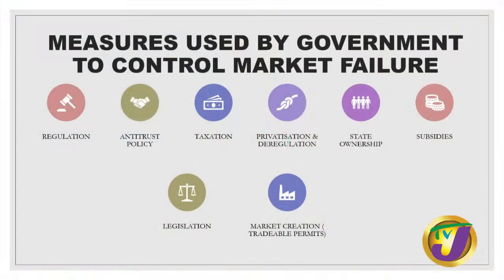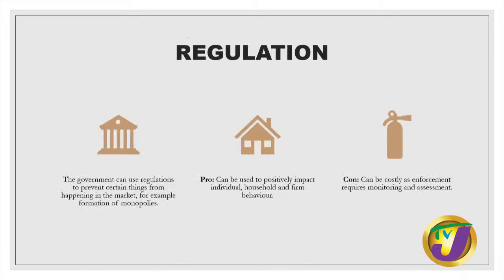All right, so the measures that we'll explore as it relates to government intervention look at regulation, antitrust policies, taxation, legislation, state ownership, subsidies, and market creations. So these are all measures that the government can use to intervene in market failure.